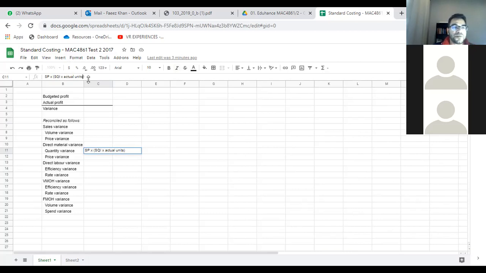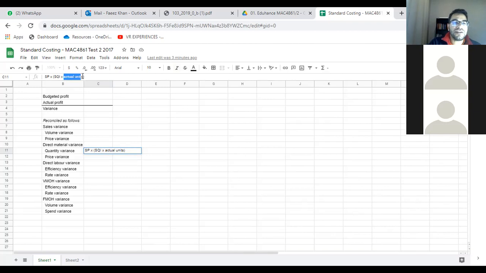So, what is the standard quantity of input? If we're doing tables, tables are made with wood. Let's assume you're doing wooden tables. So the standard quantity of input for direct material is how much wood we budget per table. Like an example I gave earlier, 2 square meters of wood per table. So SQI is 2.